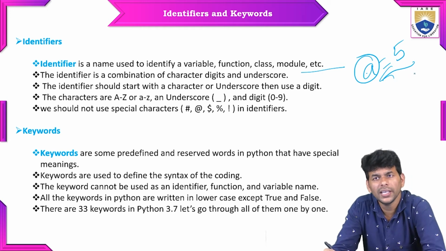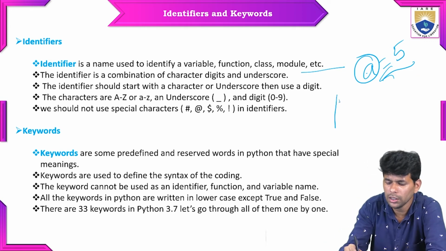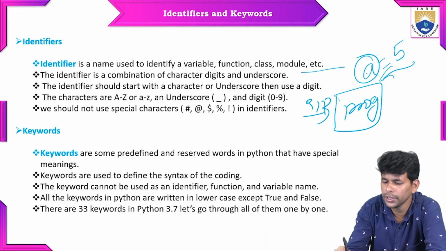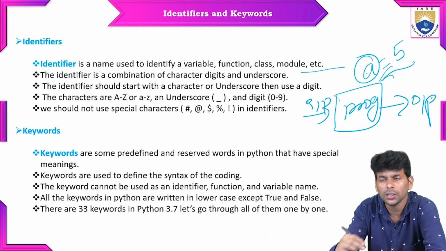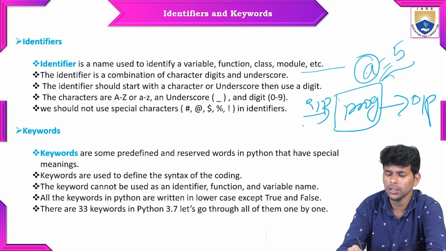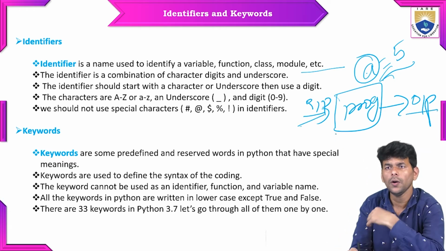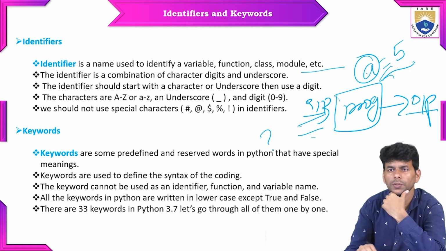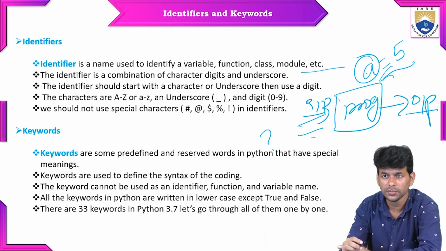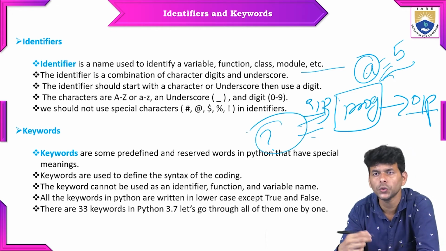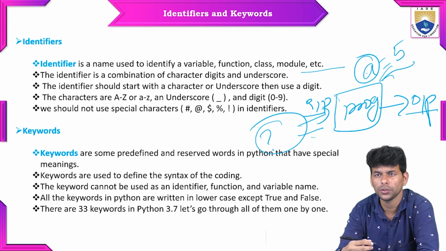The main concept behind identifiers and keywords in a programming language is this. First of all, you know that in a program we give input and we get output. My doubt is, how am I giving the input?